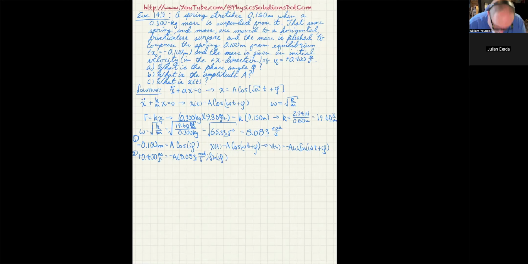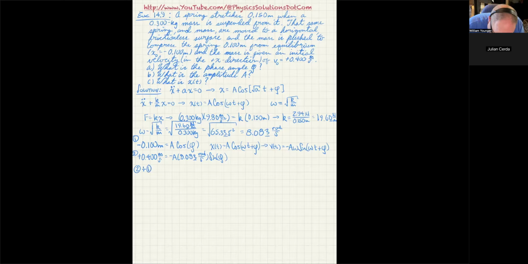So now we have two initial condition equations, and the best case scenario is to imagine dividing equation 2 by 1. So 2 divided by 1 gives us the following.